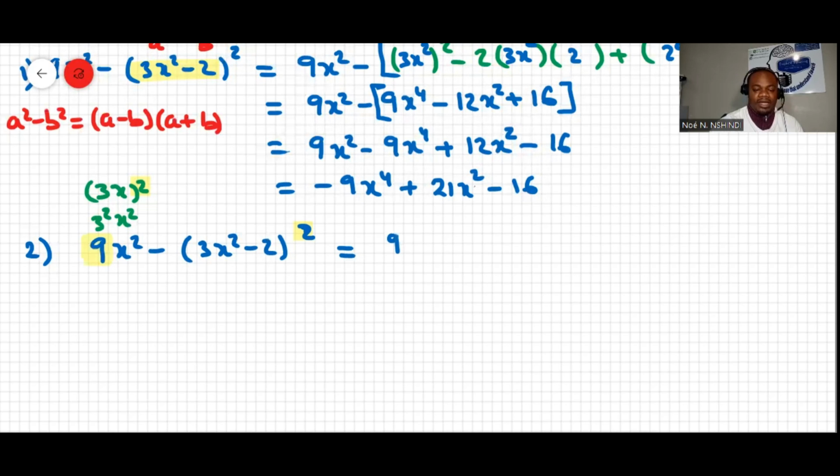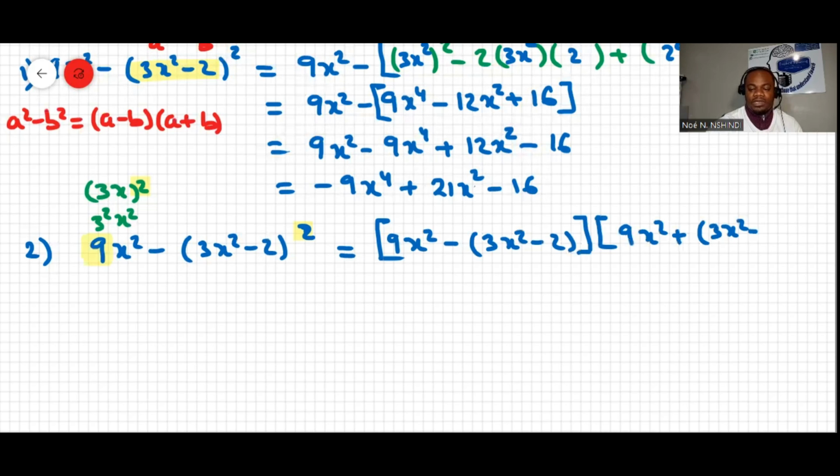It's going to be 9x squared minus (3x squared minus 2), like that. I use square brackets here because I have a round bracket already there. And then the other one will be 9x squared plus (3x squared minus 2), close square bracket. Now we can simplify. That makes 9x squared minus 3x squared plus 2.